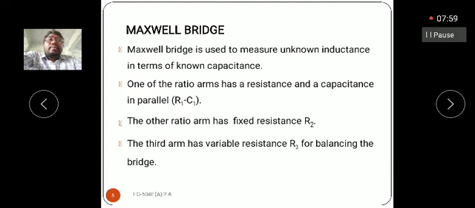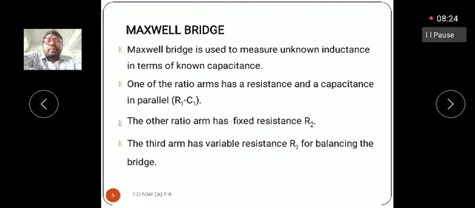Here the Maxwell's bridge is used to measure the unknown inductance in terms of a known capacitance. One of the ratio arms has a resistance and capacitance in parallel. We already discussed the bridge having four arms, one of which has the resistance in parallel with the capacitance.